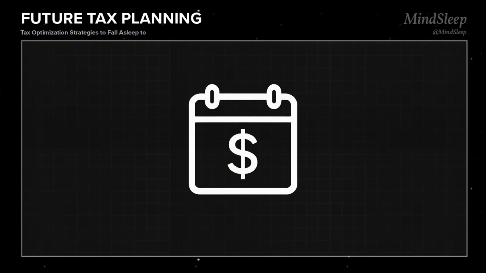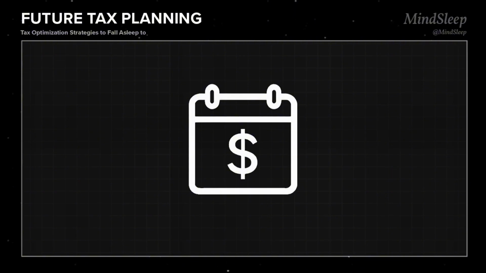Let's begin by examining the core principles of future tax planning. At its heart, this discipline revolves around three key elements: trend analysis, scenario planning, and adaptive strategy development. Trend analysis involves studying historical patterns in tax legislation, economic cycles, and political shifts to identify potential future directions.